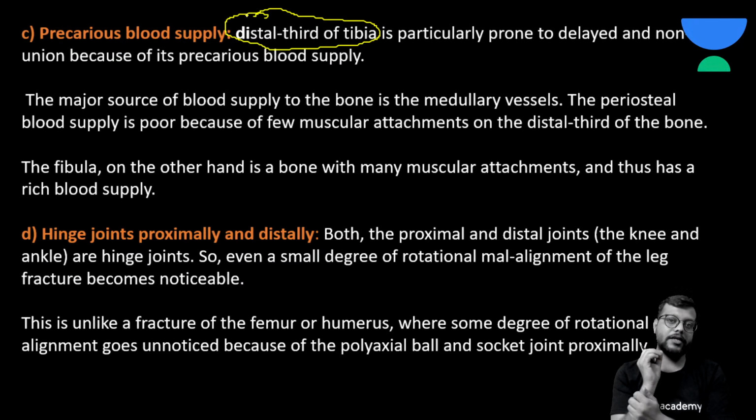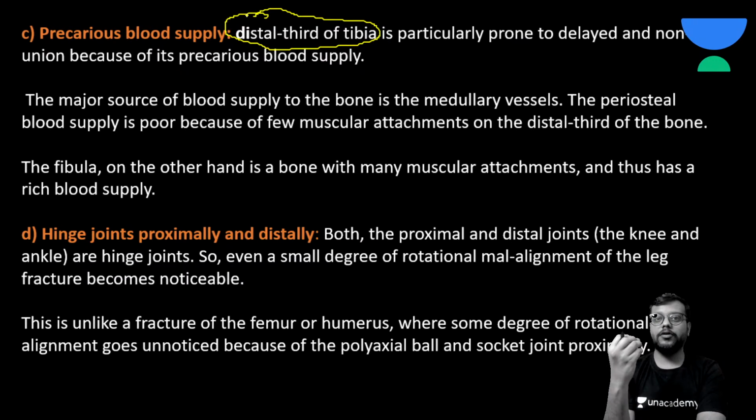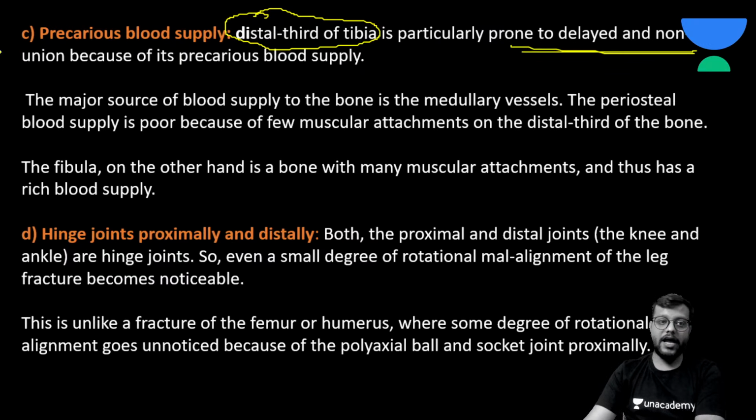Medullary blood supply is the major blood supply. So the distal tibia fractures are hard to heal because of this precarious blood supply, and compound or open injuries here are more difficult to treat. So there is high possibility of delayed union and non-union.